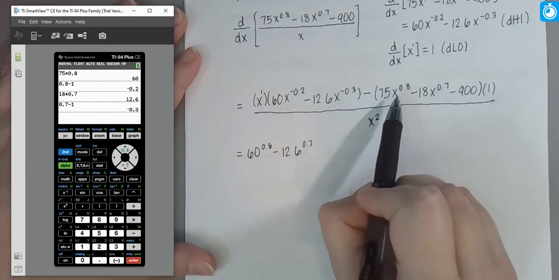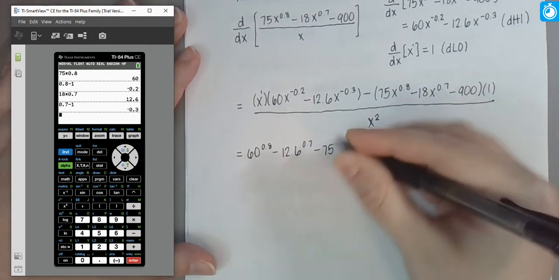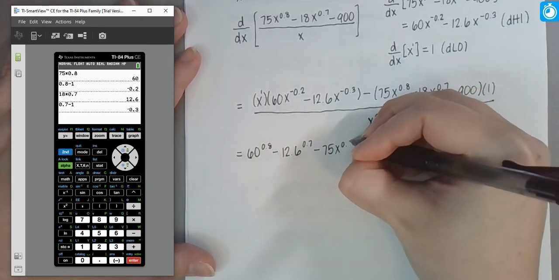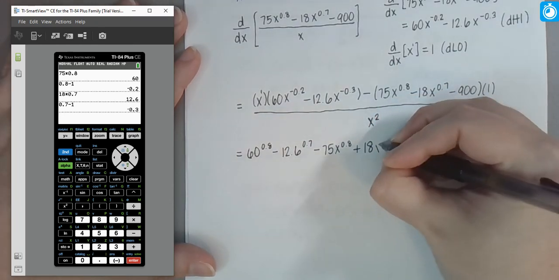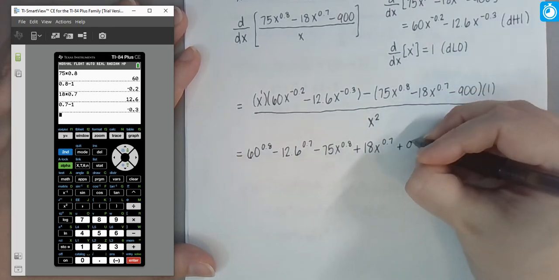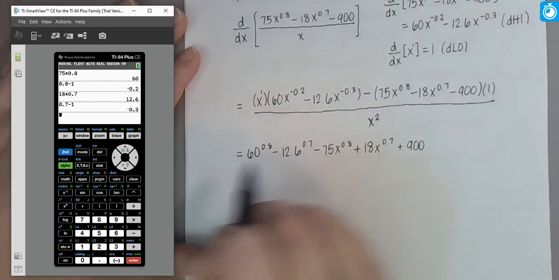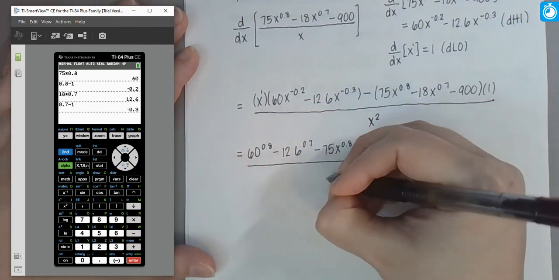So the first term will go negative, the other two will go positive. So minus 75x to the 0.8 plus 18x to the 0.7 plus 900. And don't forget, after all that work, that you still have a denominator, which is x squared.